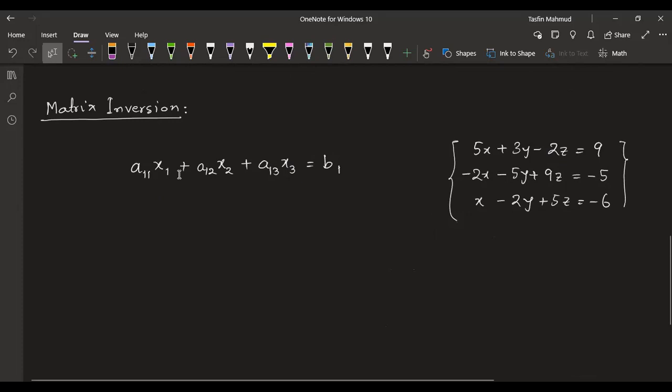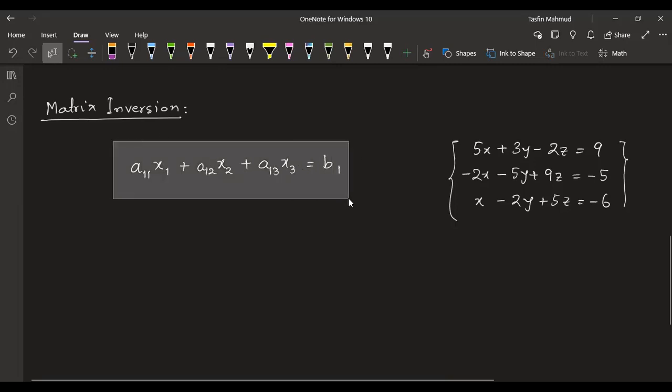So we are writing in general form instead of specifying specific values.